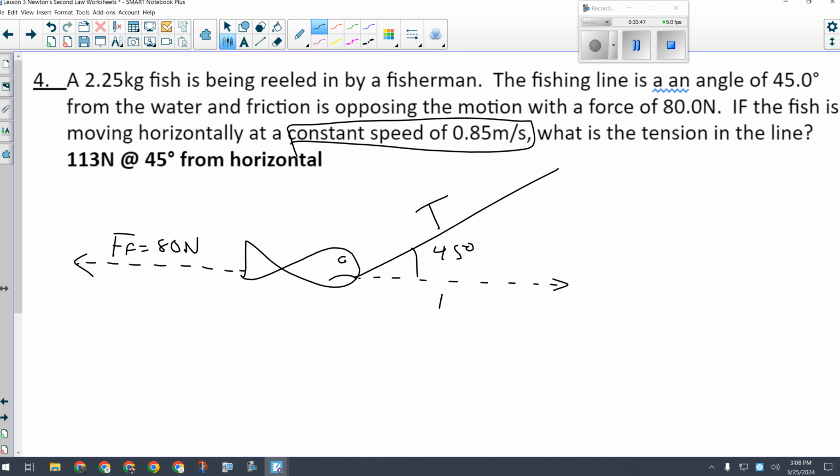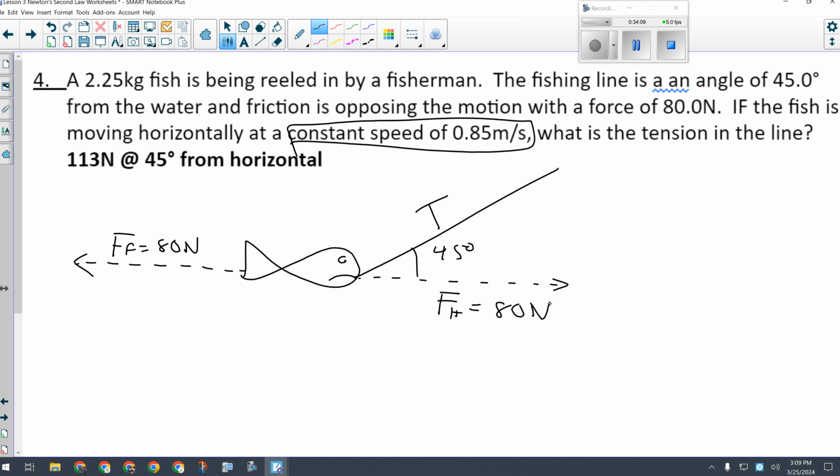How big is this force? 80 newtons. It's moving at a constant speed. Therefore, the force forward and the force backward have to be equal but opposite in direction. So that tells me that this side then is 80 newtons.